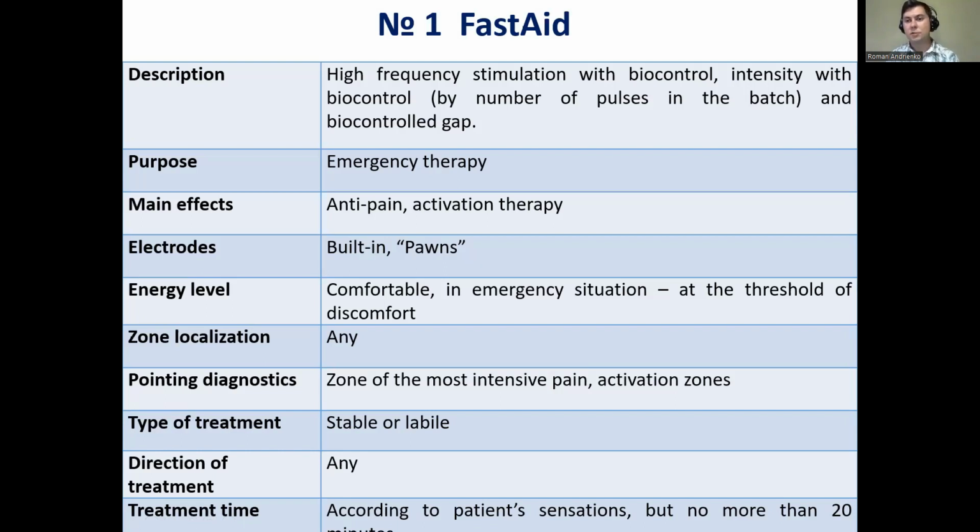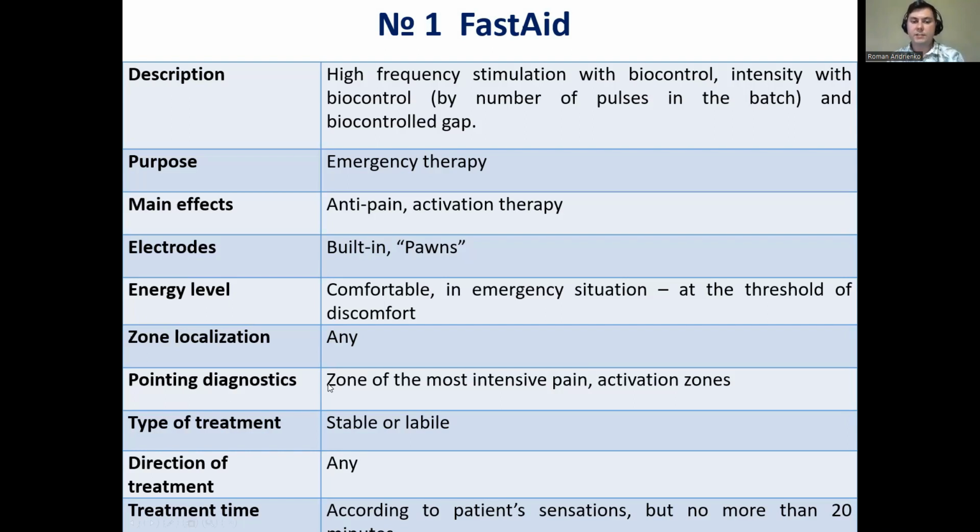And there is a good reason why it is the first preset in the list and in your preset menu. Because this particular preset is used for fresh trauma, for trauma that just occurred, for really strong pain, for something that hurts really, really bad.